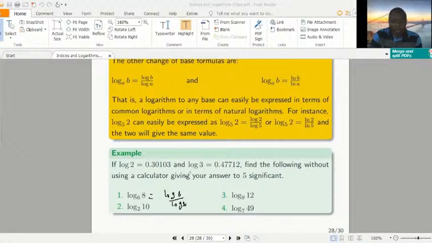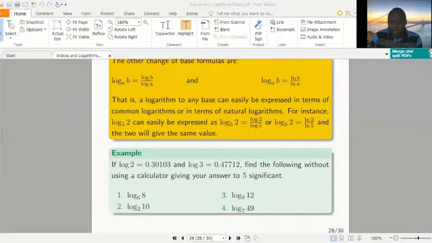Then I think of how to write 8 in terms of 2 or 3 or both, and how to write 6 in terms of 2 or 3 or both. Now, if these were missing, then you could use a calculator straight away and get the answer. But they've been given to us, so there's no need of using the calculator.